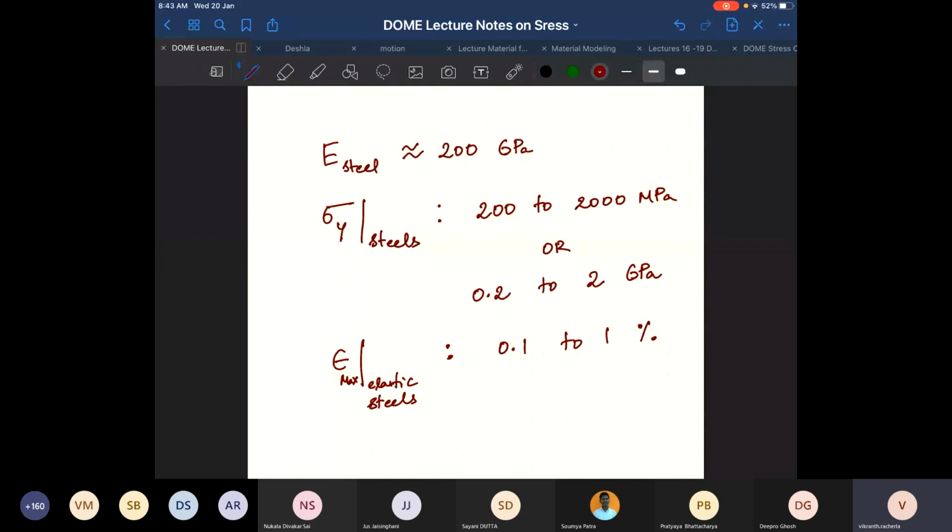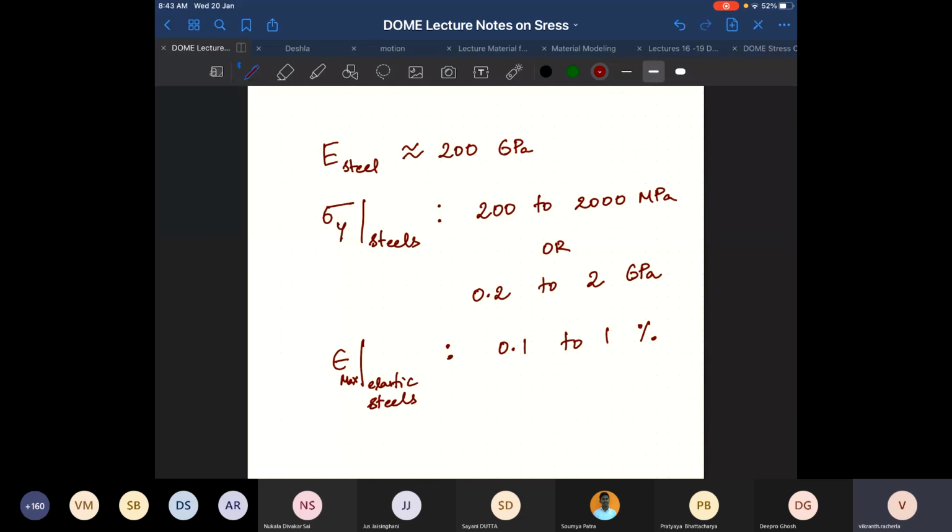Now, in general, Sir, these are small strains. Okay, sir, so it should be 0.01 to 0.001, right? What are you saying? See, 0.2 divided by 200 is how much? Okay, fine.